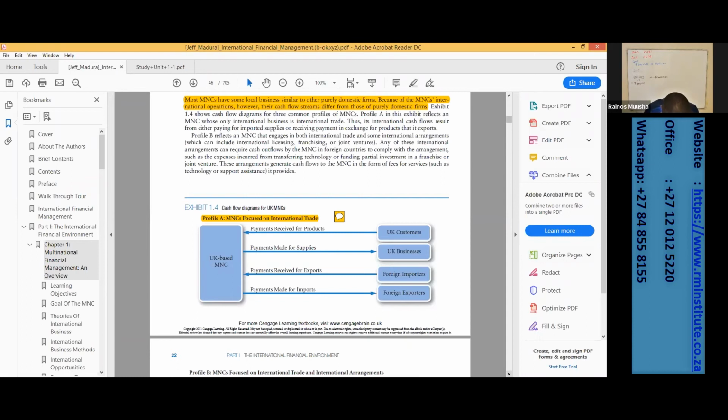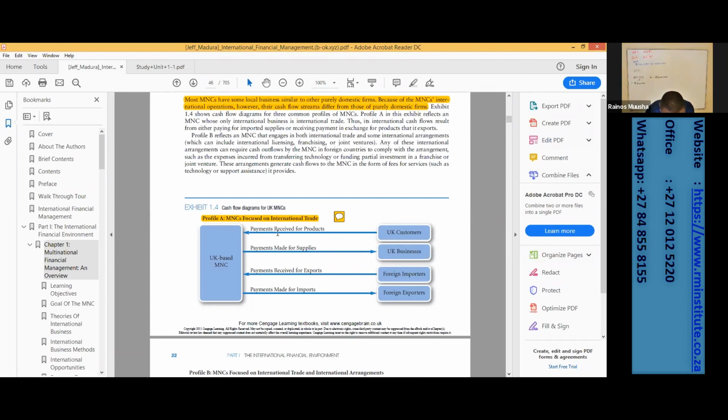For the first one, they give us the multinational corporation focused on international trade. Remember we said with international trade, this is the basic importing and exporting activities, right? So what do we see with the basic importing and exporting activities?